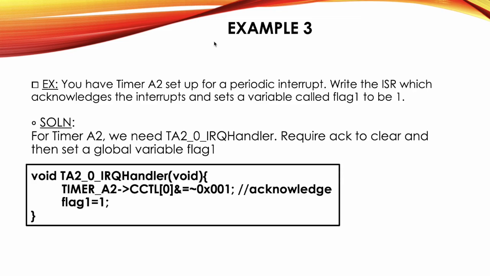We simply create the function TA2_0_IRQHandler that links directly to the interrupt of interest. In order to acknowledge, I'm going to clear the CCTL0 register, because that's the register where I reset the timer, and then I'm going to set the variable.